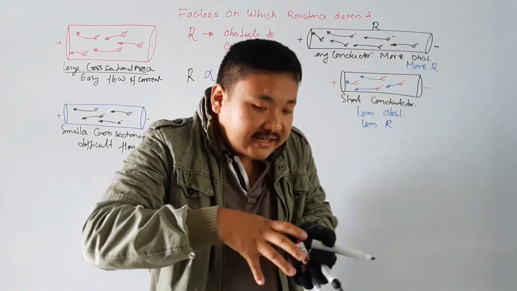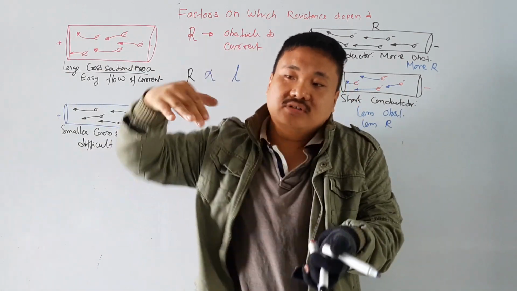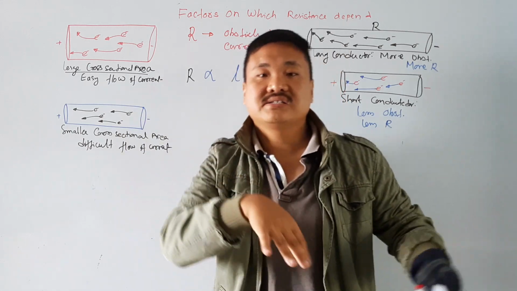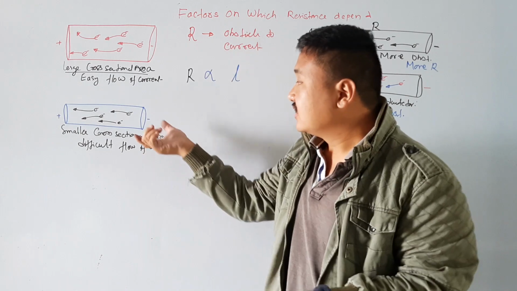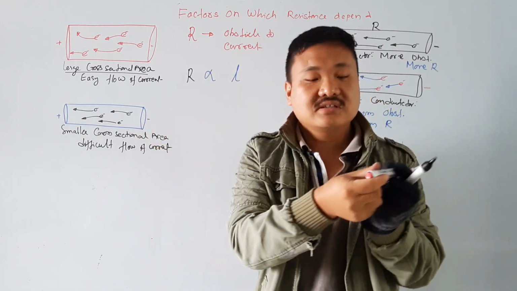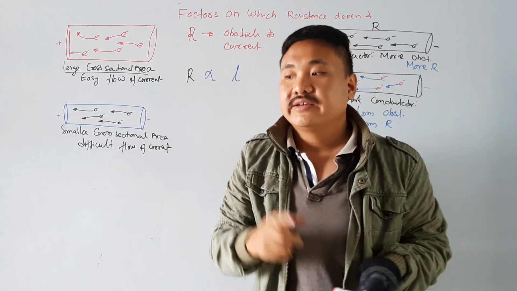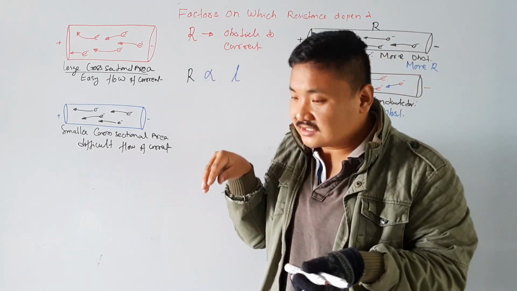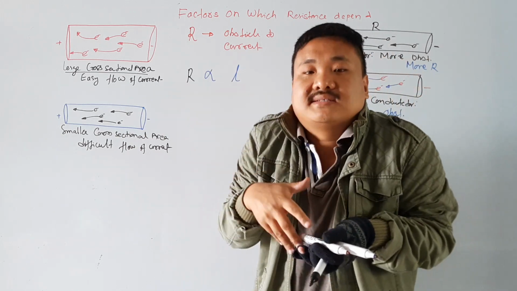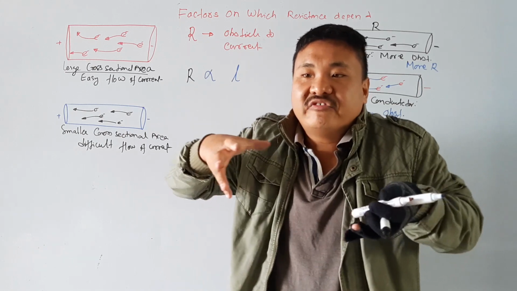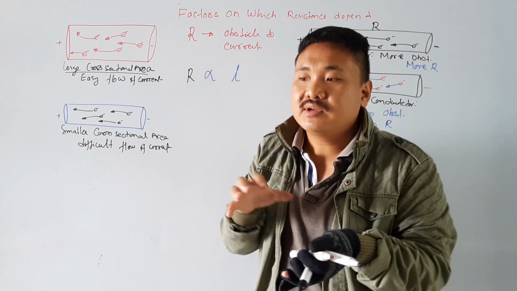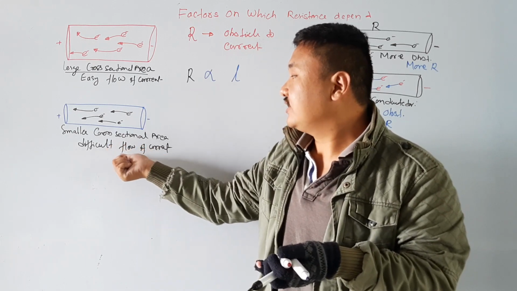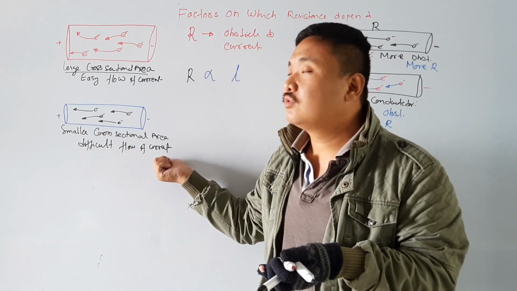If the area is large, the electrons can easily pass. Area means this kind of round thing. If the area is very small, what will happen? The electrons will get congested and very packed. Then there will be more collisions, and it will be difficult for current to flow.